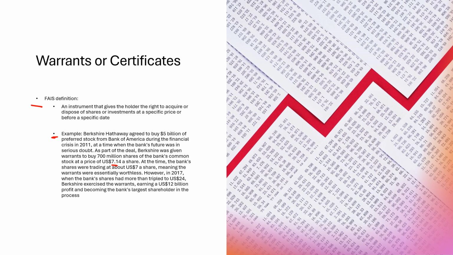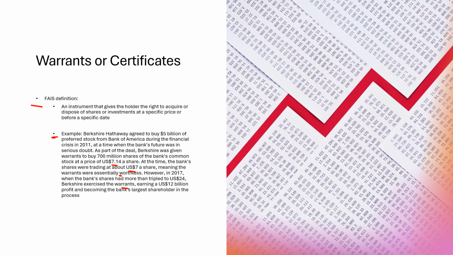At the time, the bank shares were trading for $7 each, meaning that the warrants were essentially worthless at that time. However, in 2017, when the bank shares had more than tripled to $24 a share, Berkshire exercised his warrants, earning a $12 billion profit and becoming the bank's largest shareholder in the process.